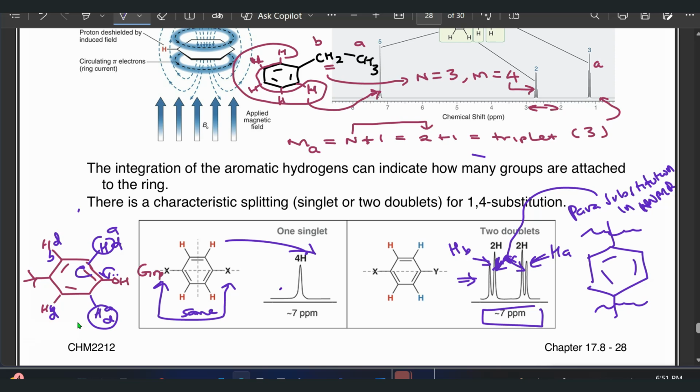If you see one signal, 4 hydrogens, you know it's para substitution with similar groups on each side. Something like this, all these hydrogens are the same, and they should show up as a singlet. Then the other one with the two doublets, they're obviously different, so I'm going to get para substituted with different substituents on each.